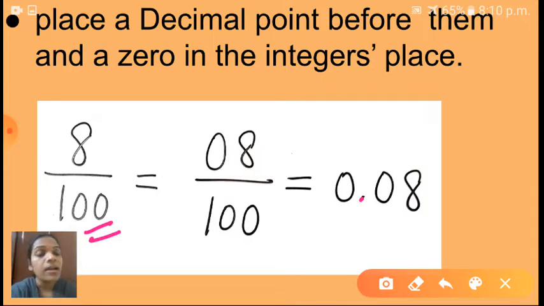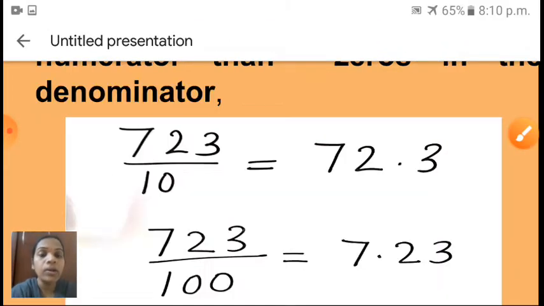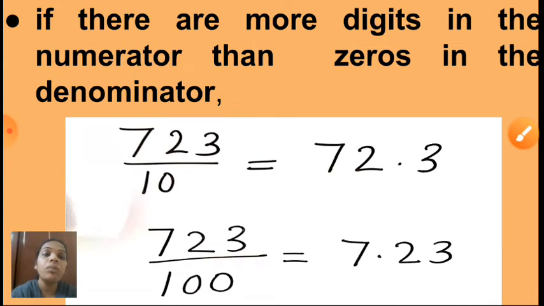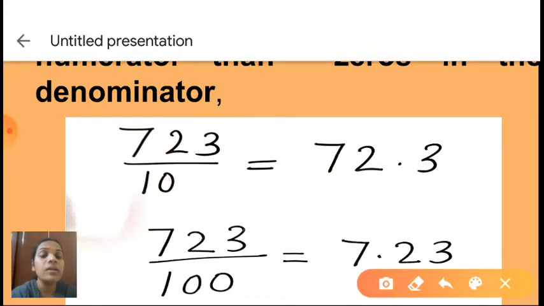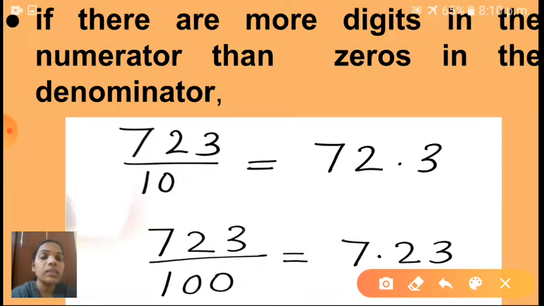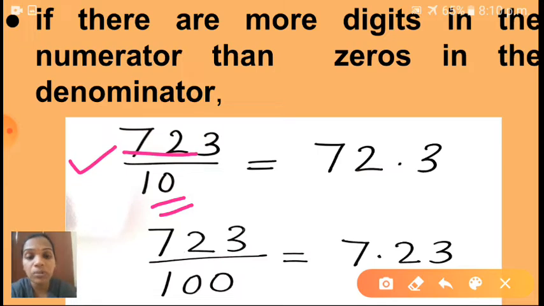Okay children, and the third possibility is when there are more digits in the numerator than zeros in the denominator. See this one, 723 upon 10. Here there is a 3 digit number, but in the denominator how many zeros are there? Only 1 zero. So after the decimal point, only one number will come.